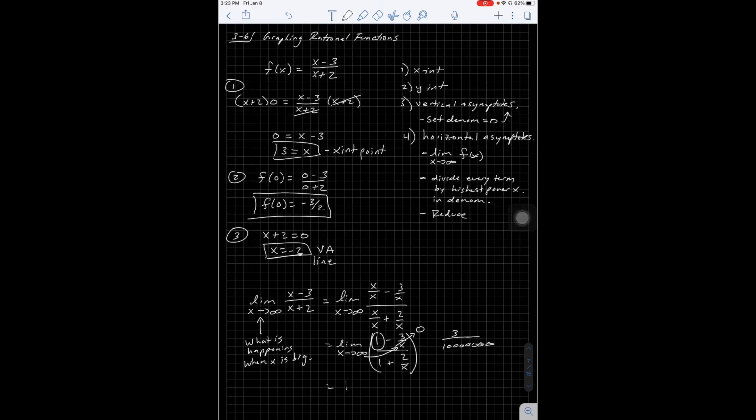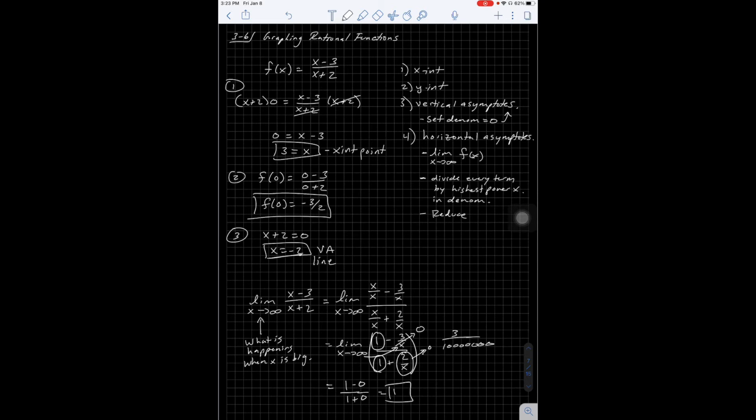And similarly, in the denominator, the 1 doesn't change, but 2 over 1,000,000 is very, very close to 0, and so this becomes also negligible. So what I'm left with is this, which equals 1.